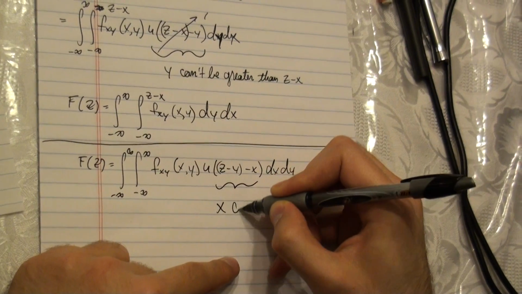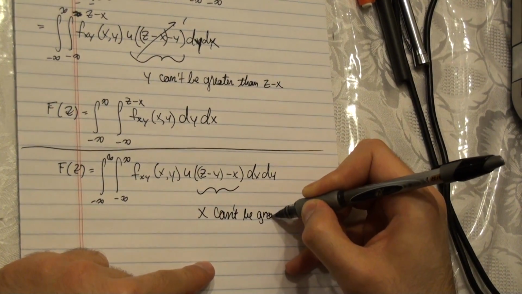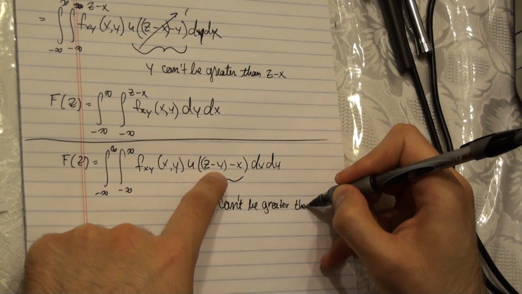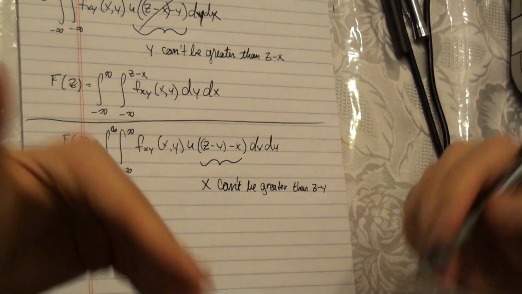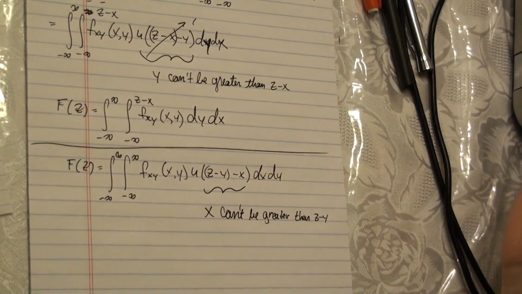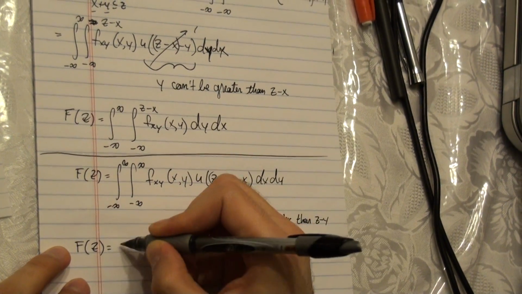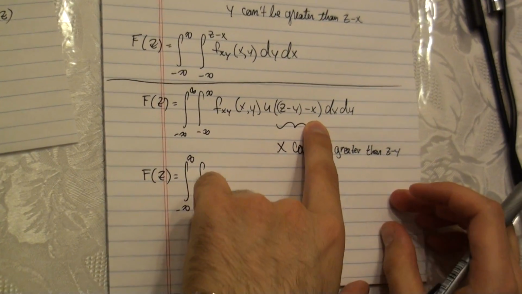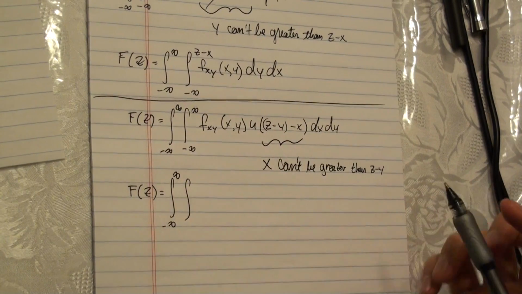This means that x can't be greater than z minus y. x must be less than or equal to z minus y. Otherwise, the step function will be 0. So we can write this. Since we're integrating with respect to x first, x has got to go from negative infinity to z minus y. It cannot go above that.